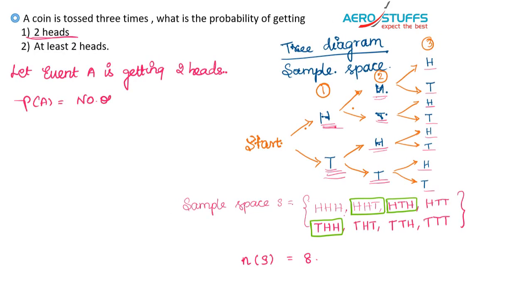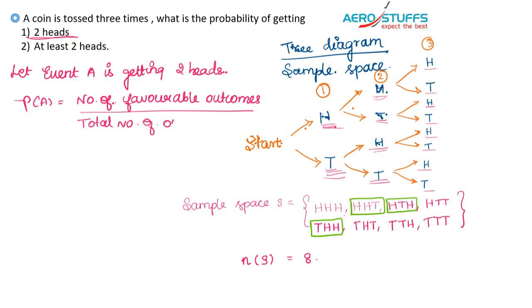The probability of an event A to occur is, the formula is, the number of favorable outcomes divided by the total number of outcomes. This is the formula for an event to occur. An event means, after doing the experiment, the favorable outcomes that you want.